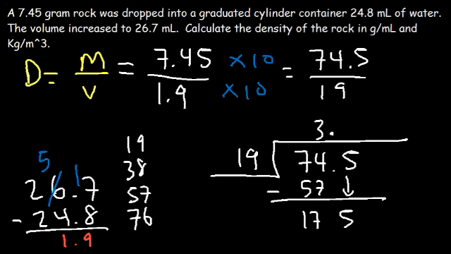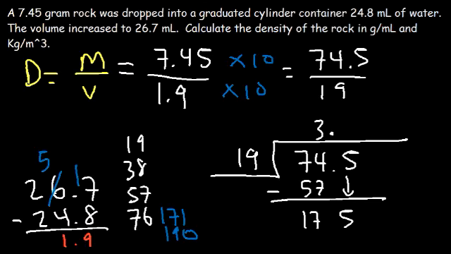And what we're going to do is put a decimal here and see how many times 19 goes into 175. Well, we know 19 times 10, if you add a 0, is 190. So if you take away 19 from that, 190 minus 19 is basically 171. So 19 times 9 is 171.